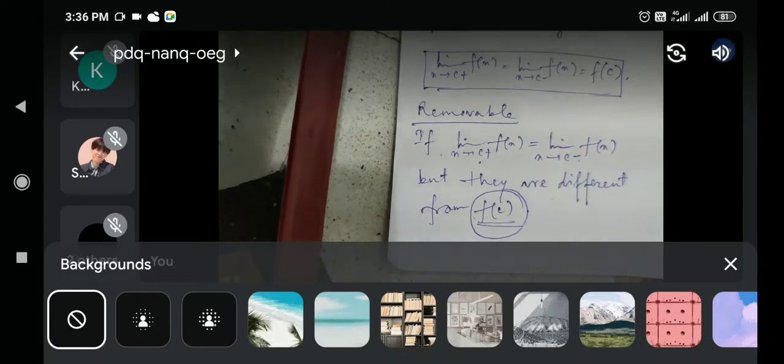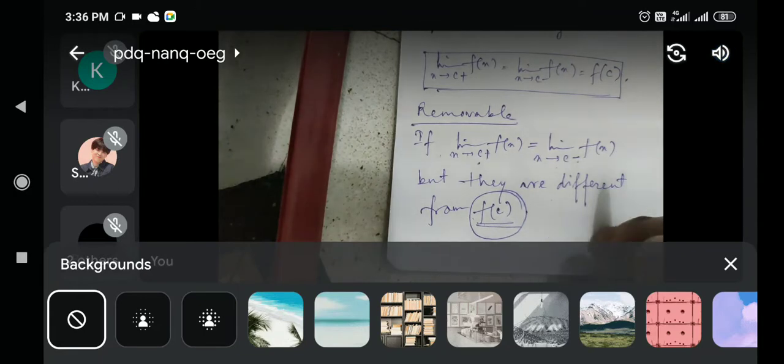Now let's get one example for such type of discontinuity.